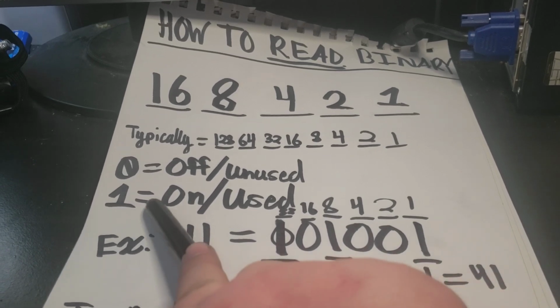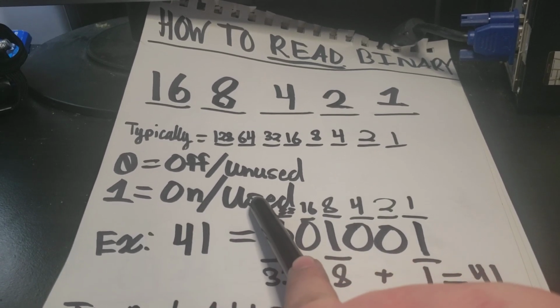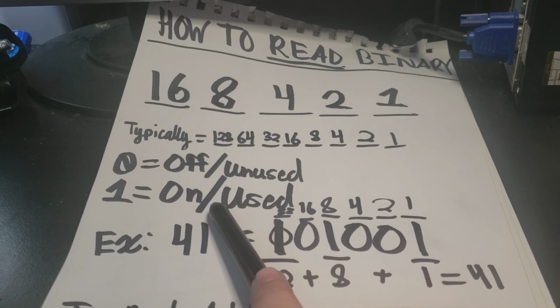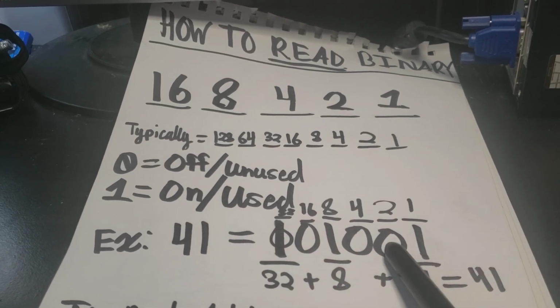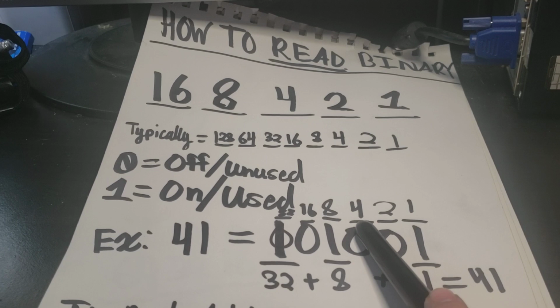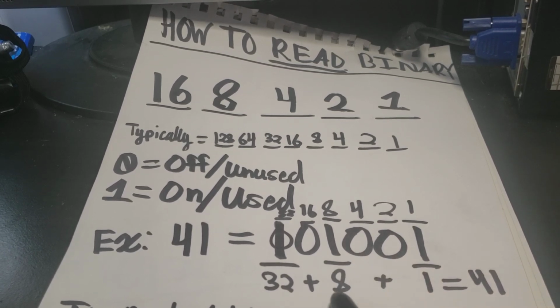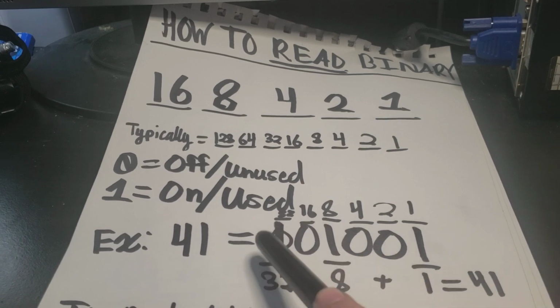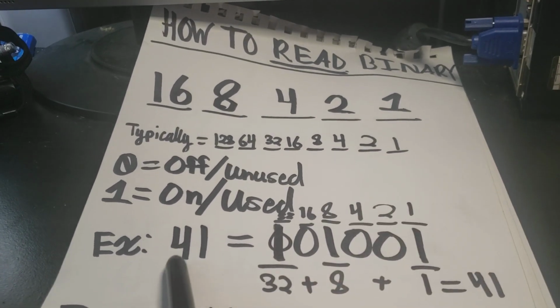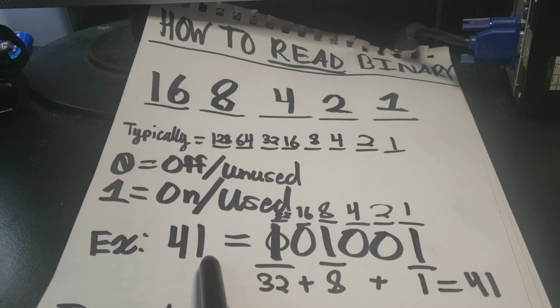If it's a 1, that means it is on and used, because it does have a value that you have to add. So for the example, this 8 here is a 1, so you add the 8 to the sum.